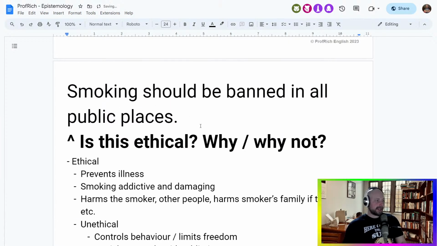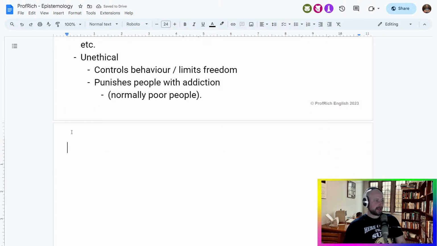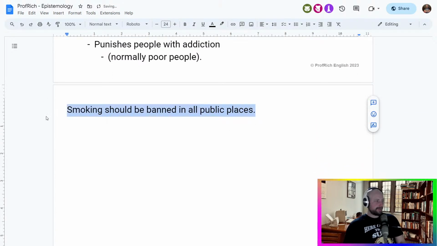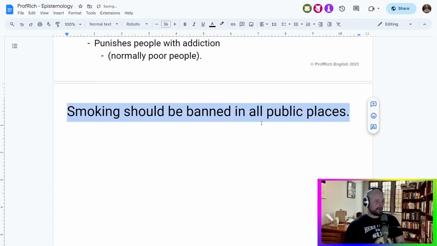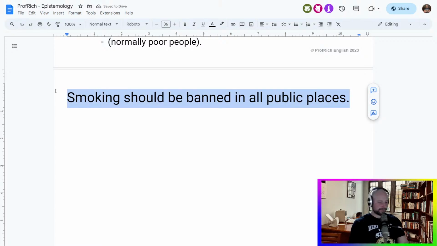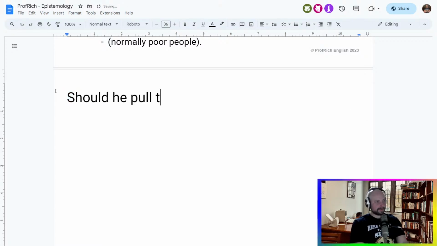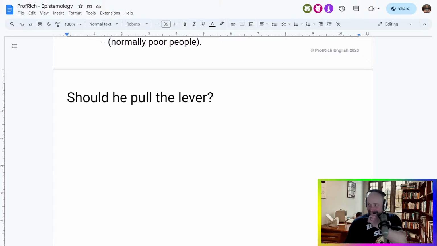We could take a completely different ethical dilemma. Pallavi, we could talk about this situation. Should he pull the lever? We have a number of classic ethical dilemmas from the internet.